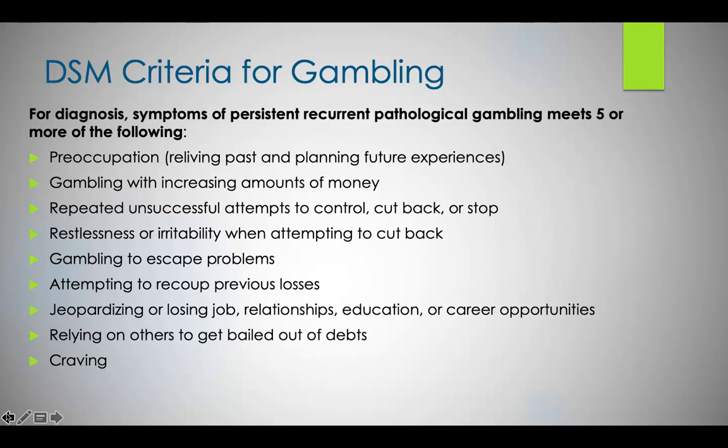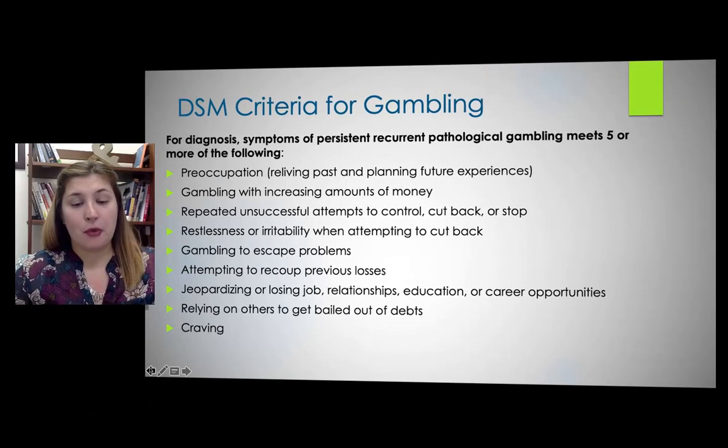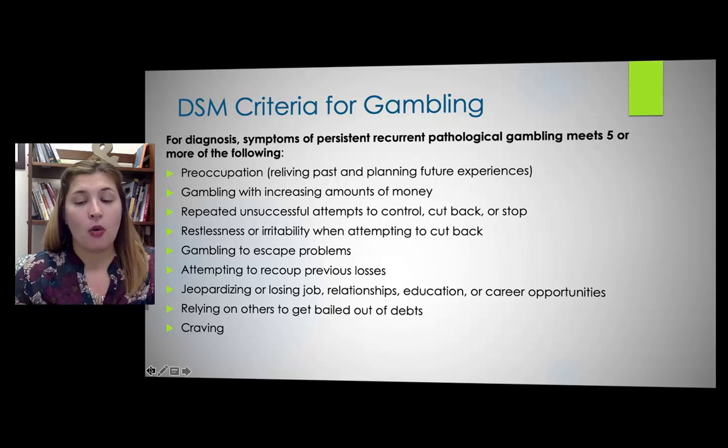Okay, now that we've covered the different types of gamblers, let's look at the clinical criteria, or the DSM diagnostic criteria, for gambling. For an individual to be diagnosed with a gambling addiction or disorder, the individual must have a persistent, recurrent pathological gambling behavior leading to clinically significant impairment or distress, indicated by the following criteria.